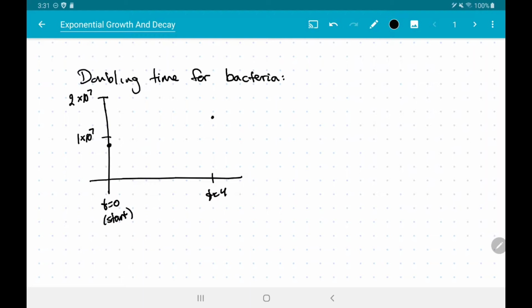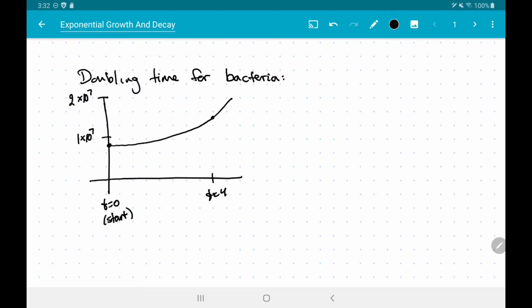So that's about here. And remember, this is exponential growth, not linear growth. So that's what the population looks like. Well, our goal is to find the doubling time for this species of bacteria.